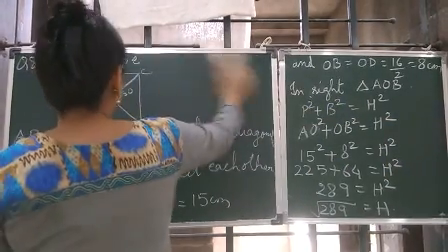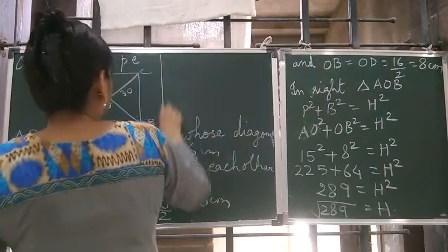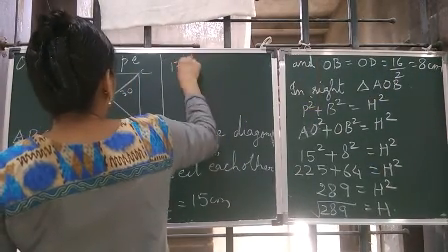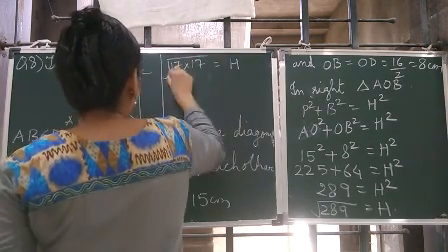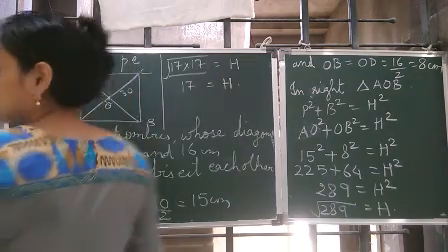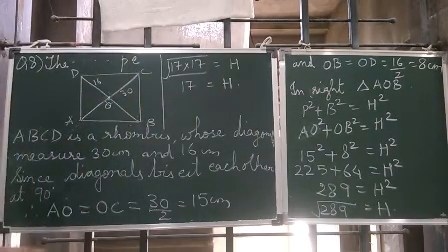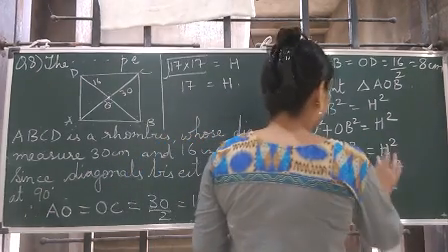I am not erasing the diagram, I am doing it here. So 289 is 17 squared. Better to write AB.